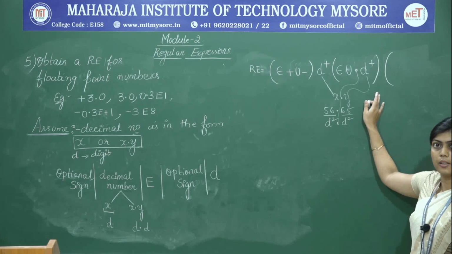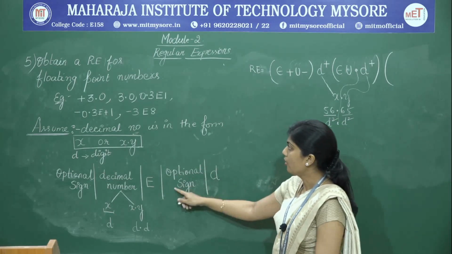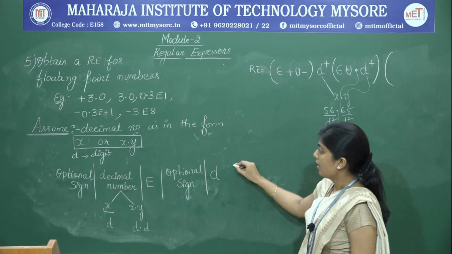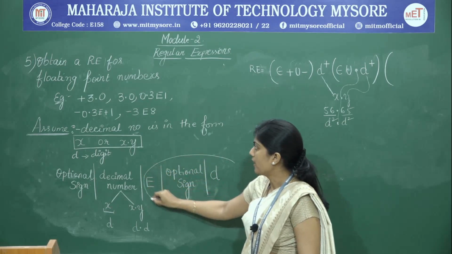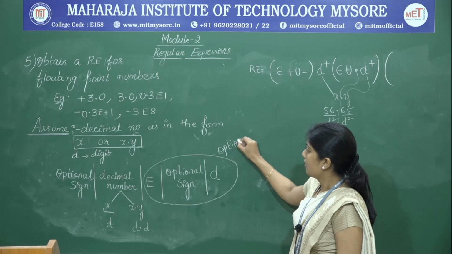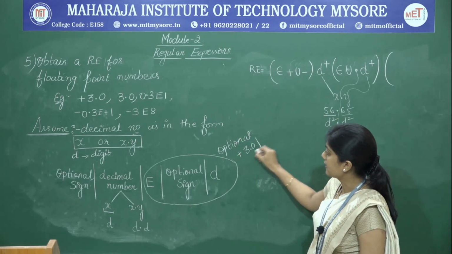Once we have finished with this, we have to look for E followed by an optional sign and d plus. Again, the entire thing whatever we have placed here is optional, because we have plus 3.0 as an example.